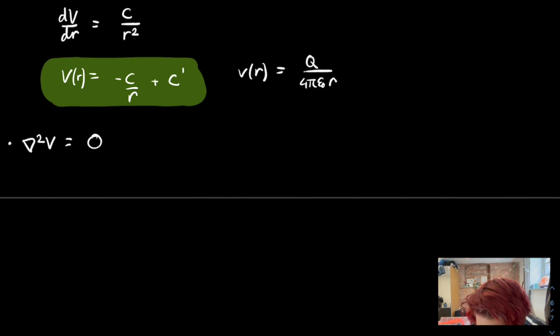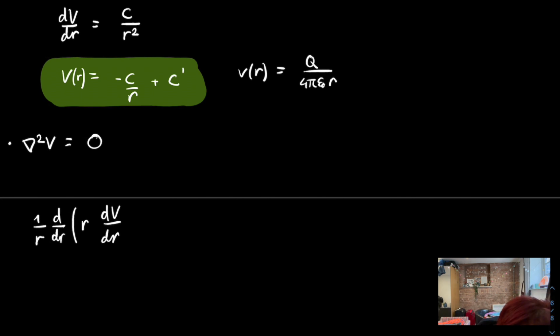What we mean by that is, like with the spherical case, the value of the potential only depends on the radial coordinate. So when we look up the Laplacian in cylindrical coordinates, we get 1 over r d by dr of r dV by dr is equal to 0.